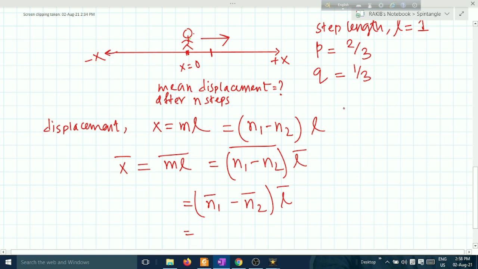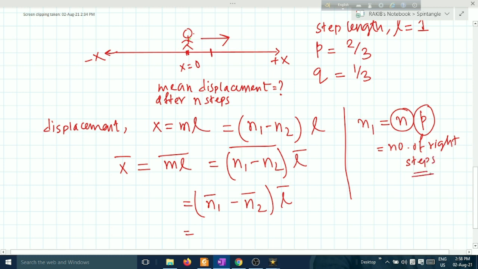N1 is the total steps times the probability of going towards right. This is the number of right steps. You can say n is the total steps, and p is the probability of taking right steps.